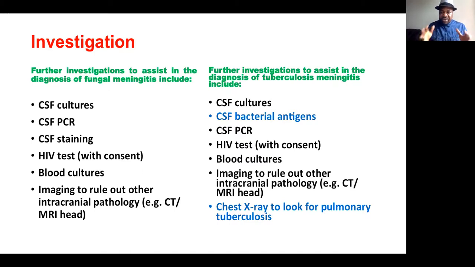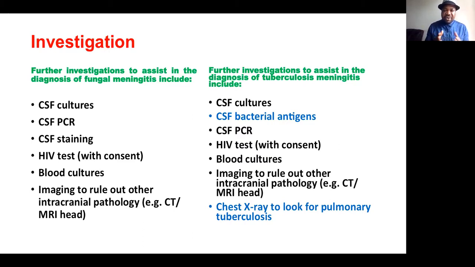In a case where you are suspecting cryptococcal meningitis, you need to do CSF cultures. You request cultures, you request a PCR, and also staining, like Indian ink, for cryptococcal infection. Or you can also do a crypto antigen test.